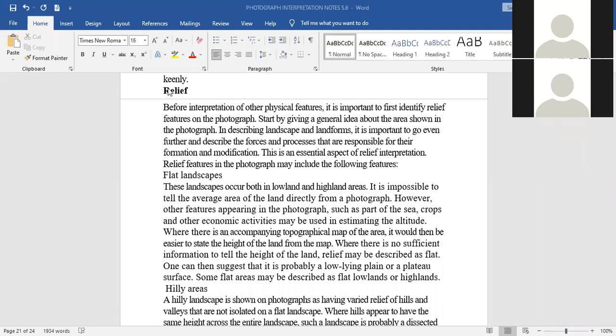Today we are going to look at description of relief on a given photograph. We are given a photograph. It has relief features. We are talking about hills, valleys, plains, plateaus, spurs, gentle slopes, steep slopes, ridges, conical hills, flat-topped hills, and many others. If they are on a given photograph, how can we easily describe them?